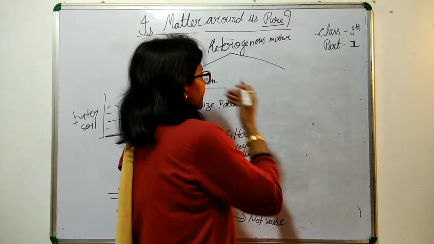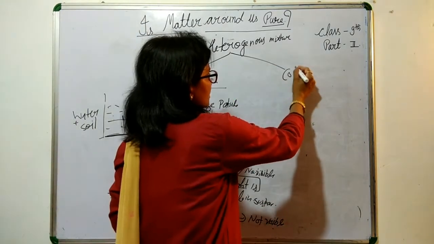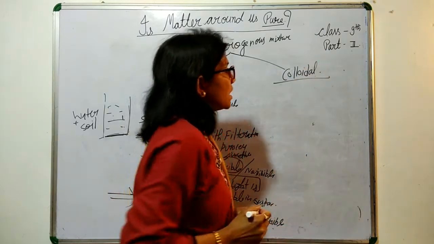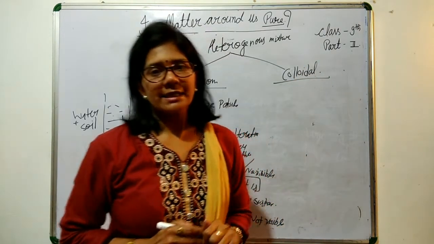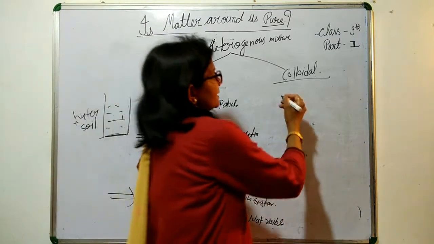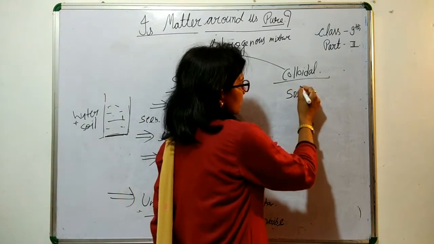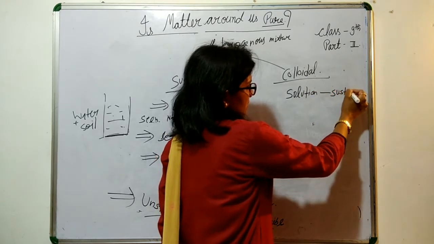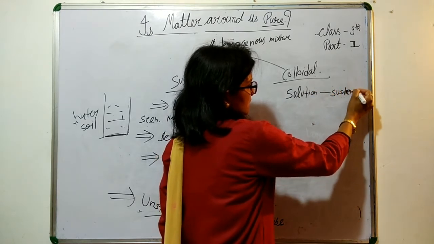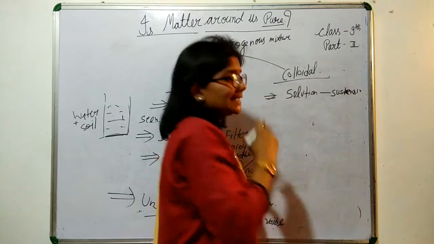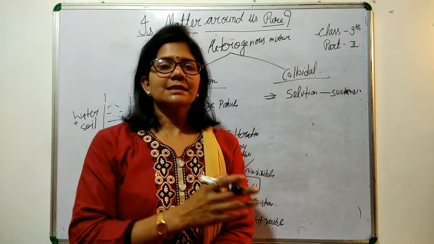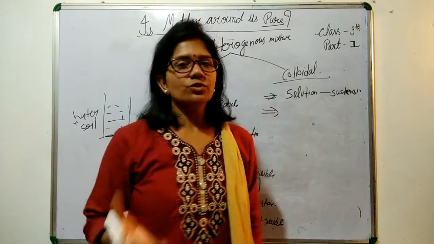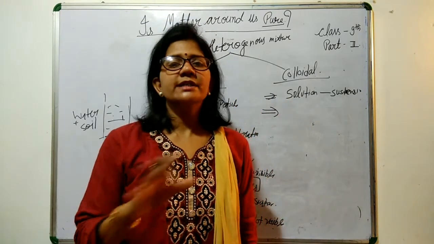Now let's see our next heterogeneous mixture, which is colloids. What is special in this case? The size of the particle is between solution and suspension: more than solution and less than suspension. Second, it seems to be homogeneous, but actually it is not.